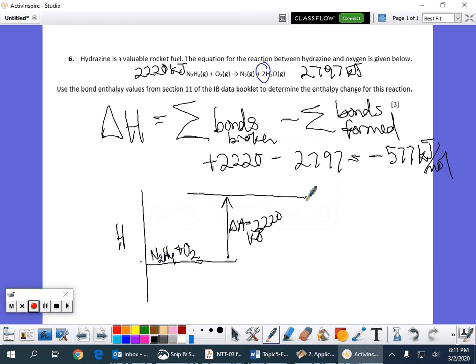This is where we have broken all of the bonds for our reactants and we have not formed any new bonds yet. So this state may not actually exist in terms of the reaction, but in terms of calculating with our bond enthalpies, we can say that at this stage we have 2 nitrogens by themselves plus 4 hydrogens by themselves plus 2 oxygens.